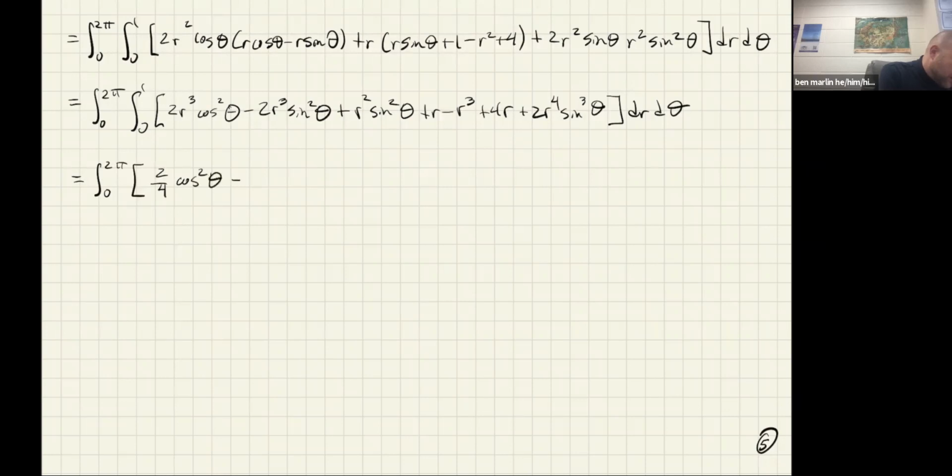Cosine squared theta minus 2 divided by 4 sine squared theta plus 1/3 sine squared theta plus 1/2 minus 1/4 plus, oh, there's some things that can be combined. Oh well. 4 halves and plus 2/5 sine cubed theta, d theta.